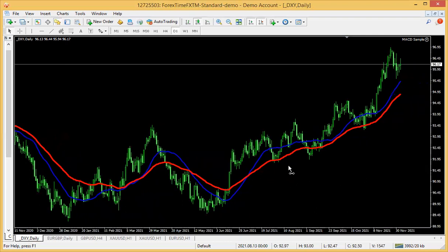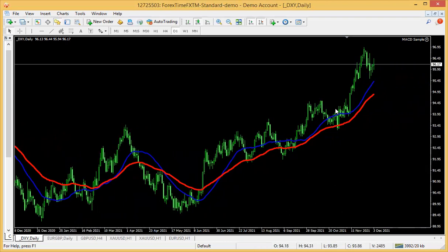You see, all this while the market has been buying. So it has been buying, even if the market pulls back, as far as the blue one is still above the red one, it is a buy. So most people use this analysis to view where the market is actually in.